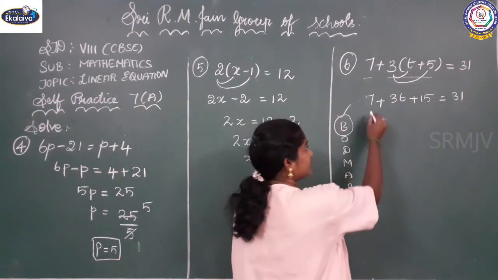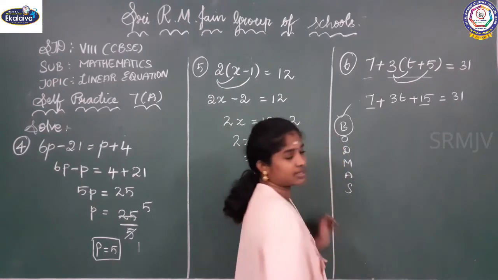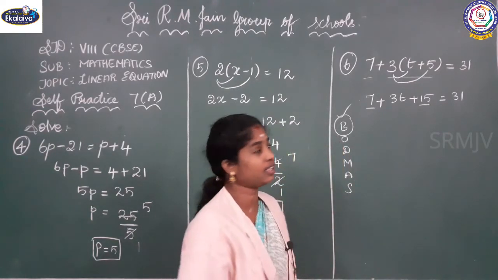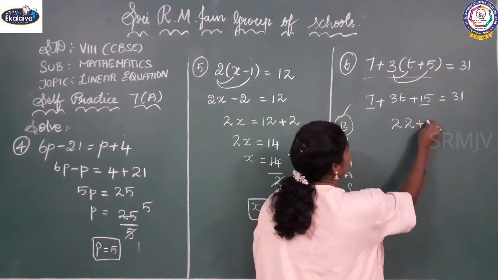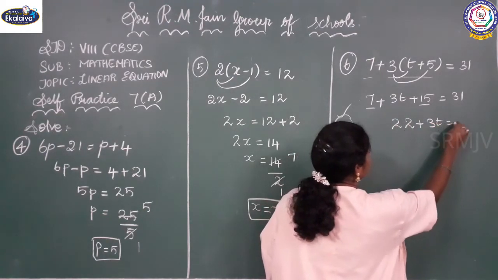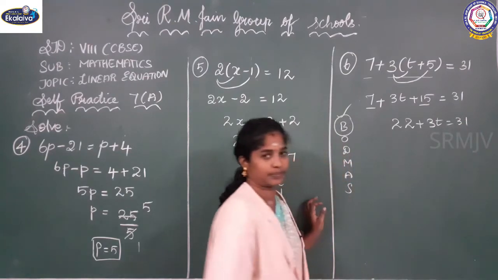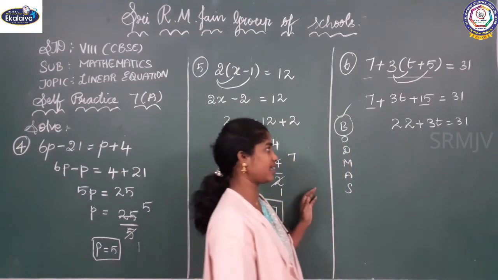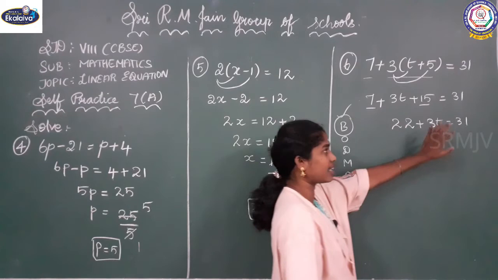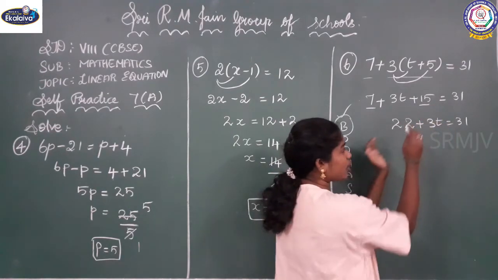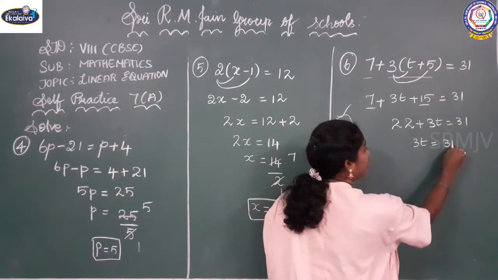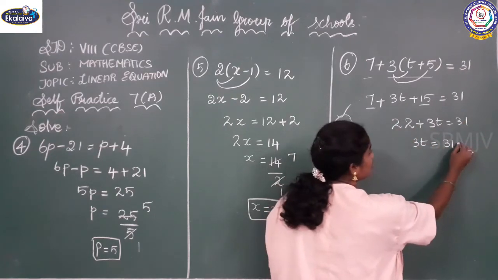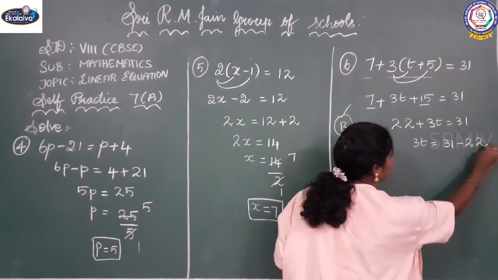Now I can add the constants in this place. What is 7 plus 15? 22. 22 plus 3t is equal to 31. I want to find the value of the variable t. So I am going to keep the term as it is here, and this plus 22 becomes minus 22.